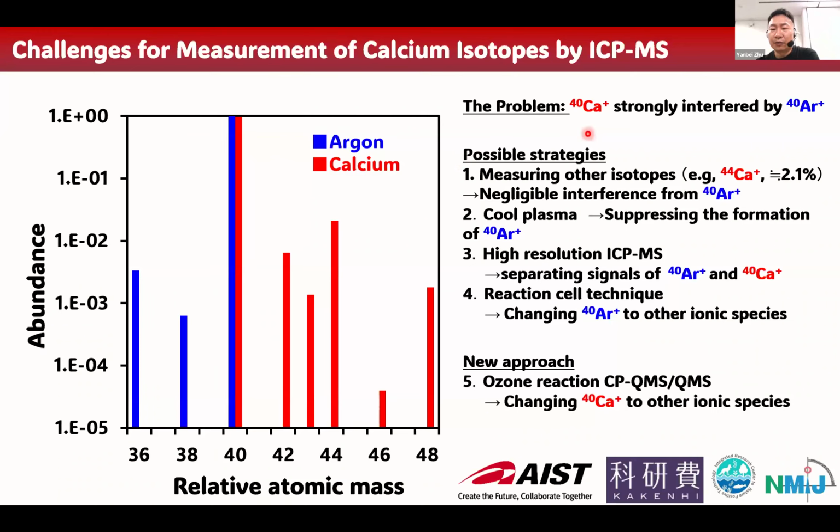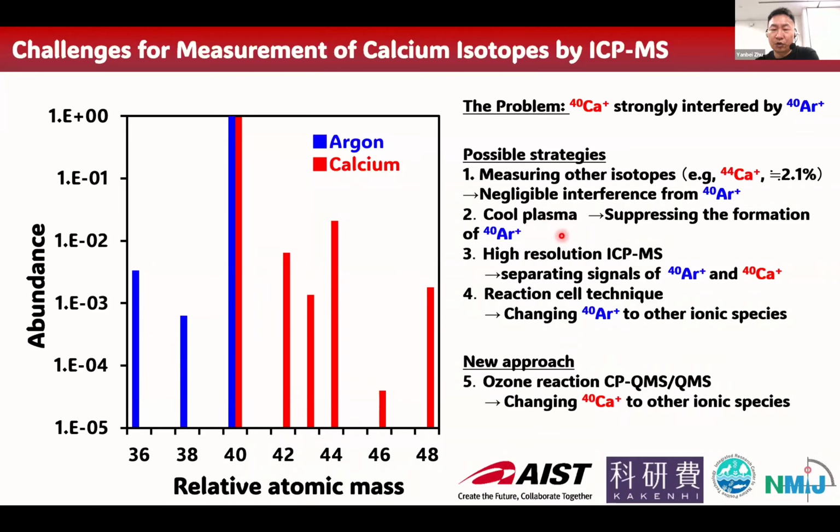You see both calcium and argon have a very high abundance of 40 isotopes. Calcium 40 is strongly interfered with by argon 40. There are some possible ways. You can measure other isotopes, for example, calcium 44, but it has very low abundance, so you also get quite a low sensitivity.